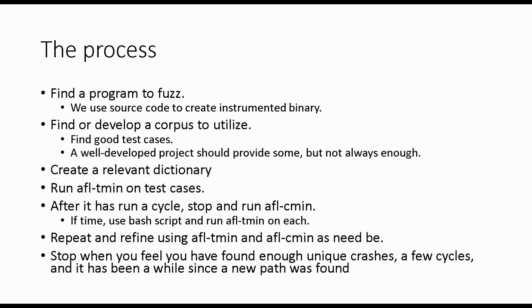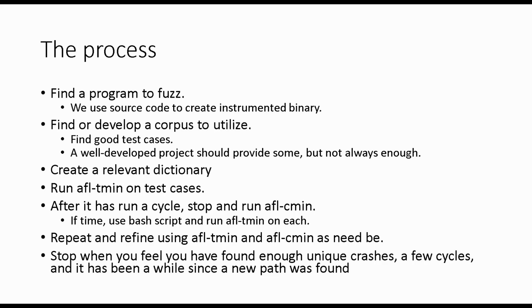So if we're doing that over a large body of files, which we will be, we need to come up with a bash script to take care of that for us. Because ain't nobody got time to sit there and run AFL tmin on 1,000 test cases over hours and hours, right? I didn't think so.